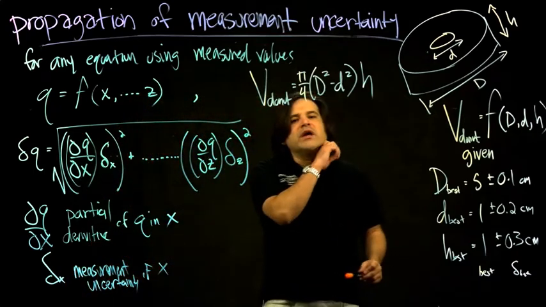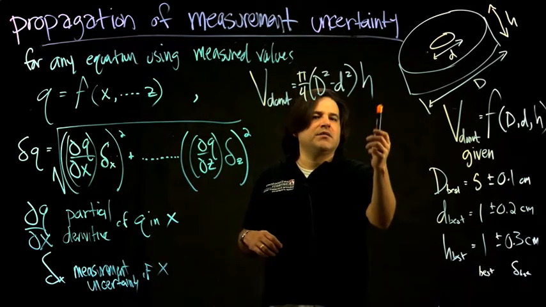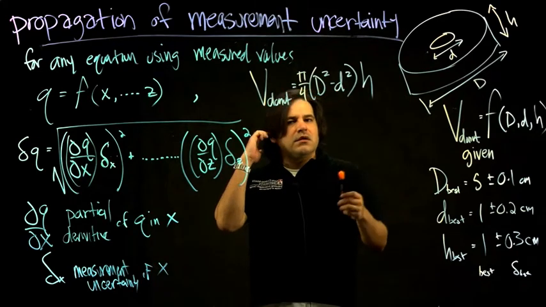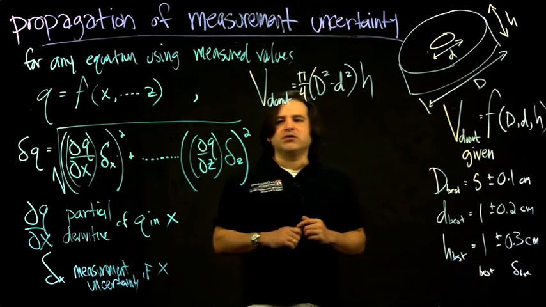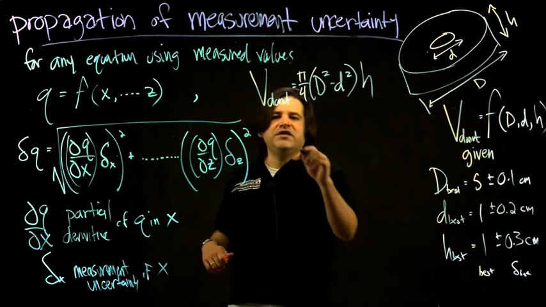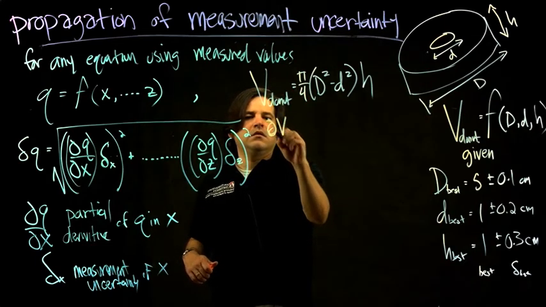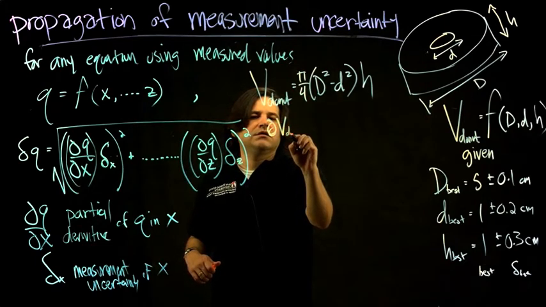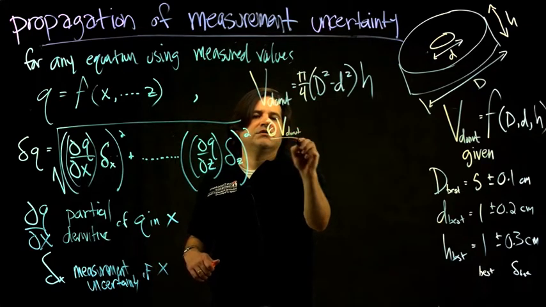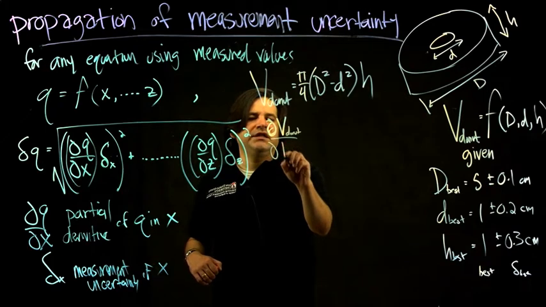Now we have to find the partial derivative of our function with each of these variables. Here there's 3 of them. Okay, so let's do that. So the partial derivative of V of the donut function with respect to d.